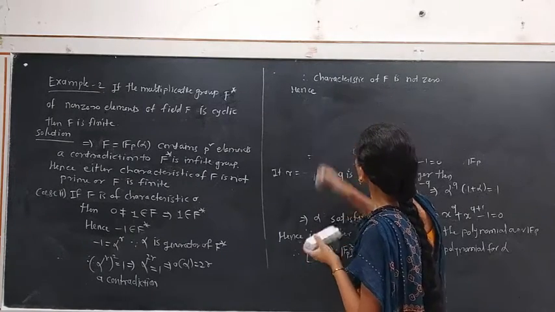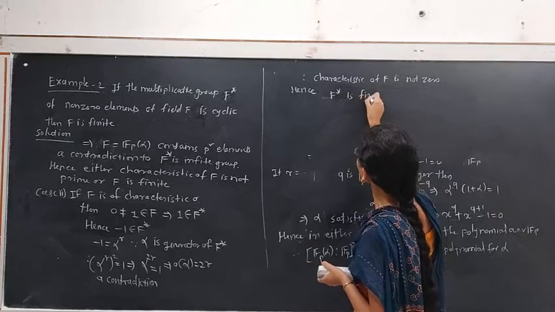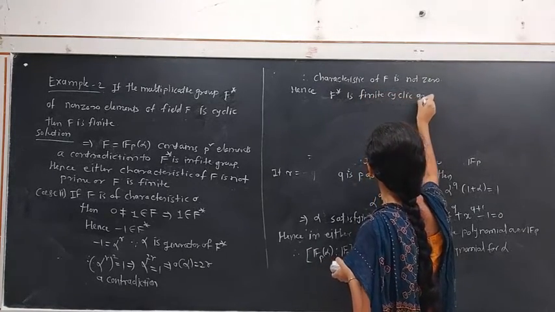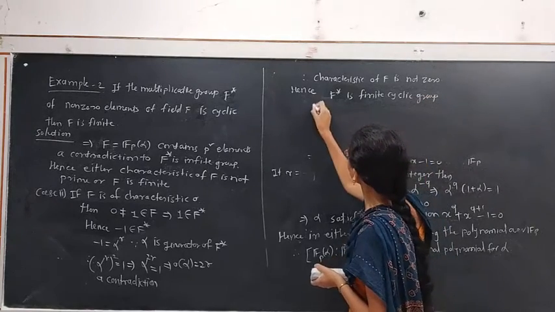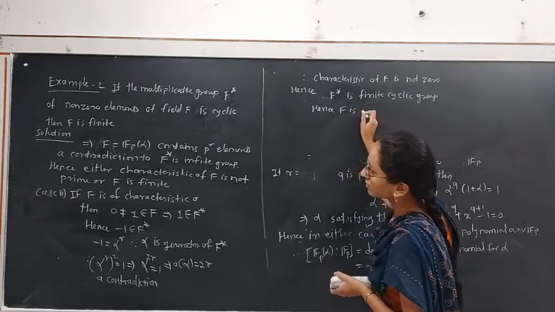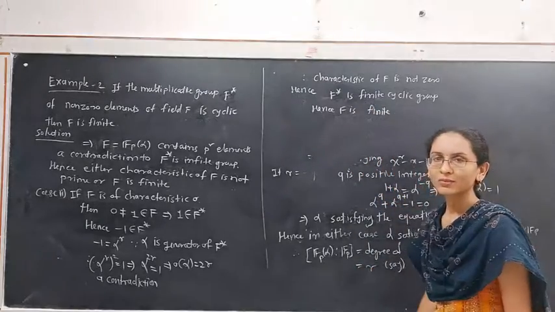Or initially, we have considered F star is a finite cyclic group. Hence, F is finite. Thank you.